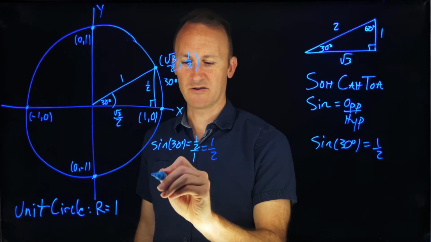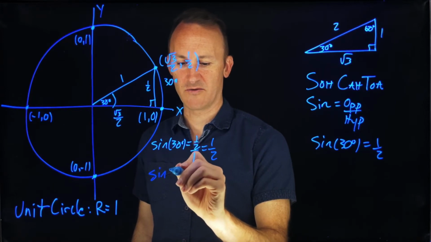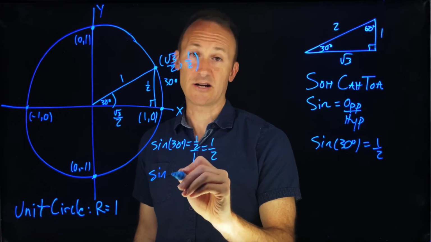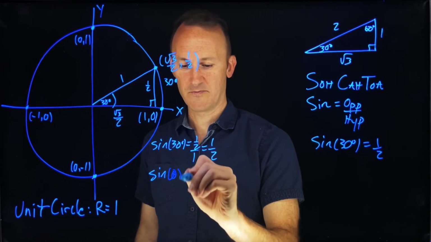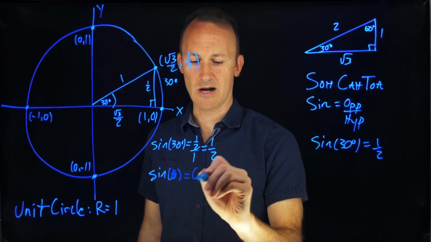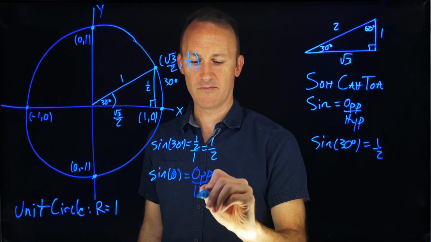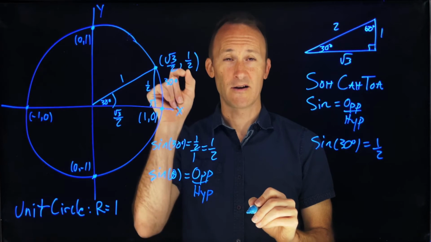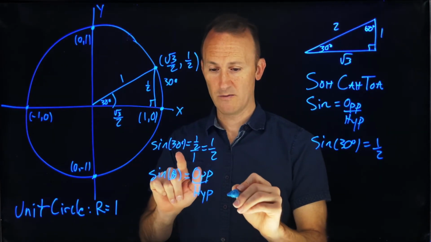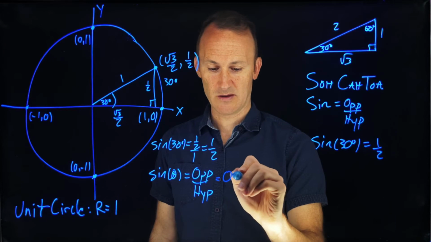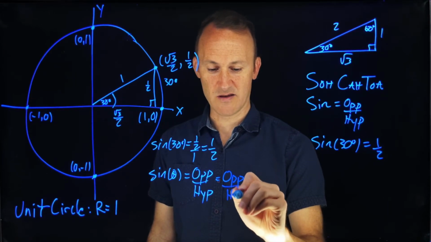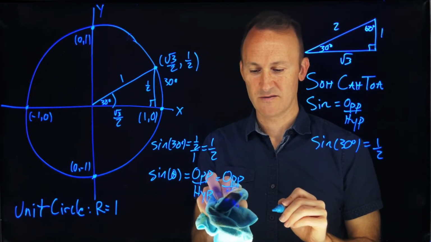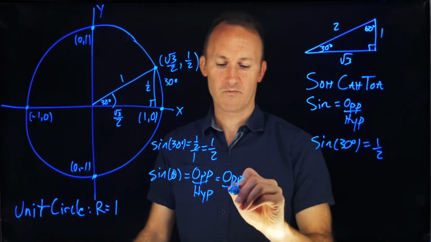Well, consider this. If you're taking the sine of any angle theta, here we've got sine defined as opposite over hypotenuse. The sine of that angle, and I'll put in the theta here, theta is an arbitrary angle, is still opposite over hypotenuse. However, in the unit circle, the hypotenuse has a length of 1. Therefore, the sine can be redefined as the opposite over 1, and it's just the opposite.